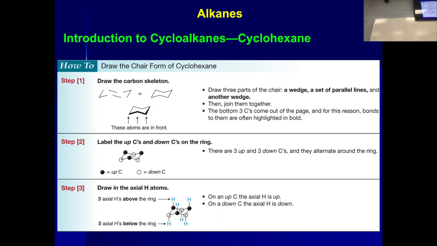Okay? You can actually download templates that you can trace if you want. It's perfectly fine. Okay? And then we can put in axial groups. Let me use different colors for this. So let's make the axial groups green. Right?